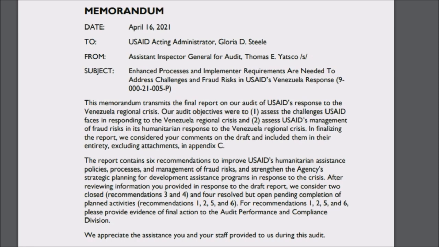But what we really want to get to is just the admission by the USAID of how they acted to bring in this humanitarian aid, right? So the crisis in Venezuela, they talk about the background. The crisis in Venezuela has roots in two events that changed the trajectory of Venezuelan society.